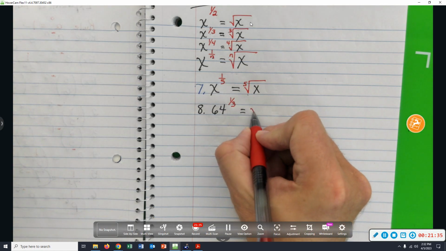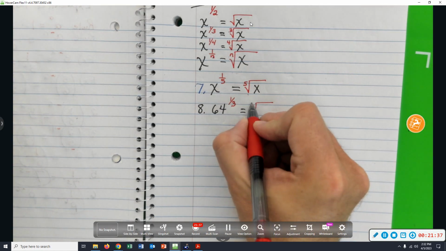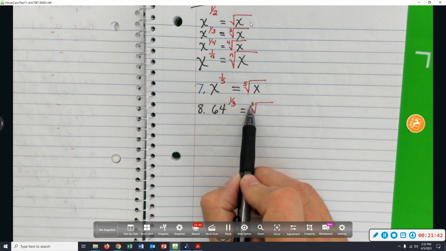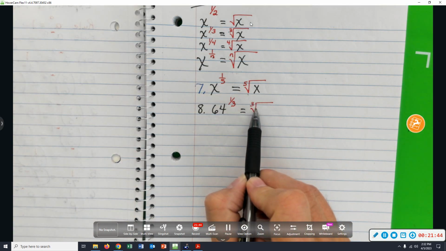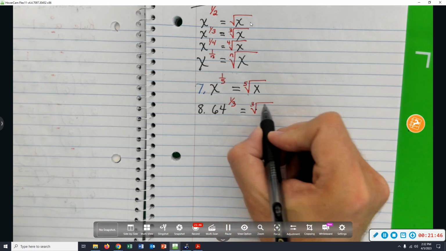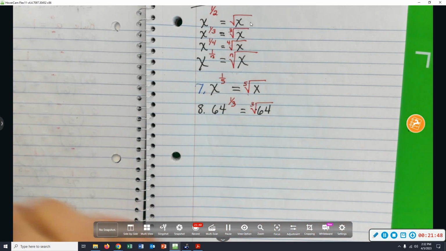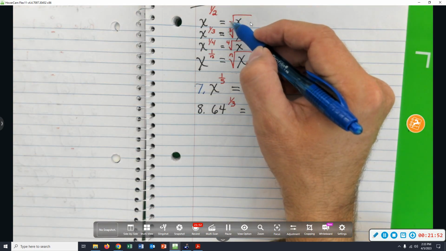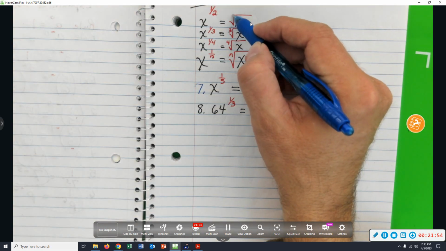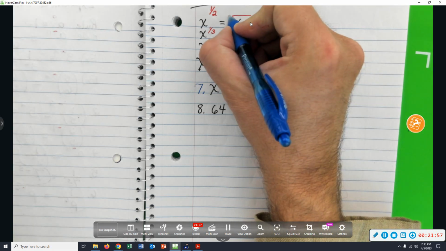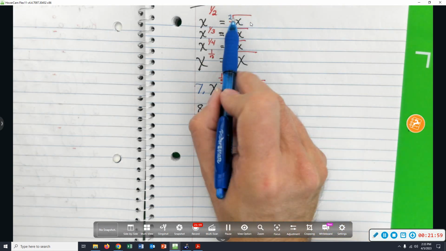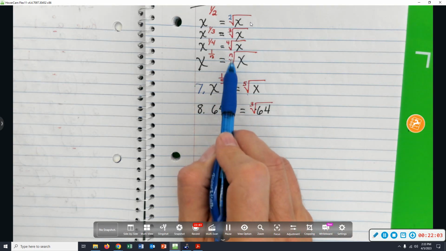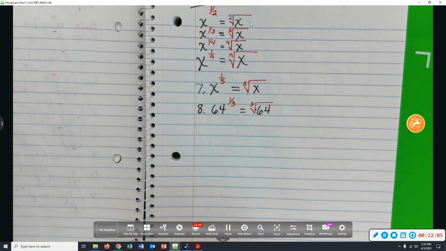Just say cube root. Don't say square root. If you say square root, then you're assuming there's not a number right there. If you don't see a number there, you assume it's a 2. That's why you read it as square root. You read the little number, then you read the symbol as root.